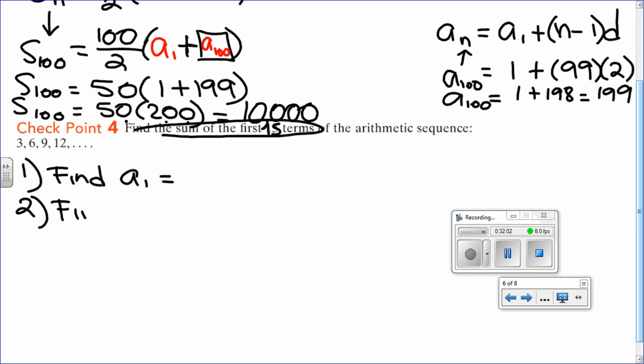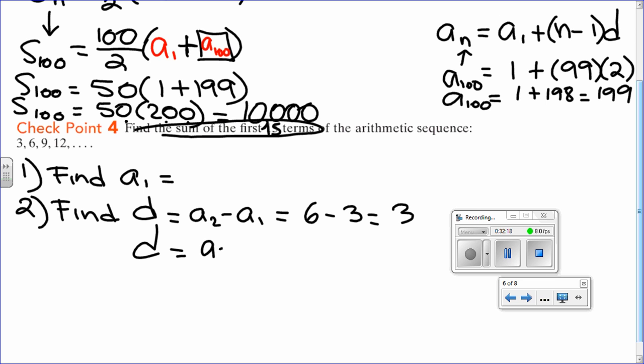Not too hard. Second, find d. How can you find d? Well, you could take a sub 2 and subtract a sub 1. So you will get 6 minus 3, which is 3. You could also, just to check, take the third one, subtract the second one, and see if you get the same. So 9 minus 6 is also 3.